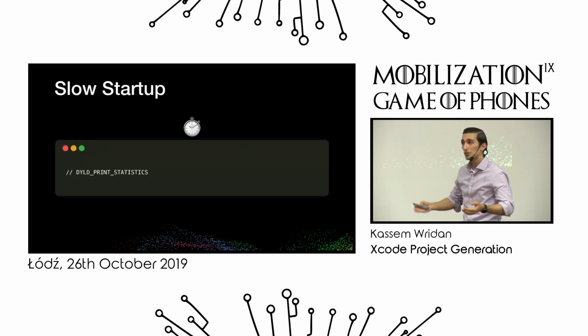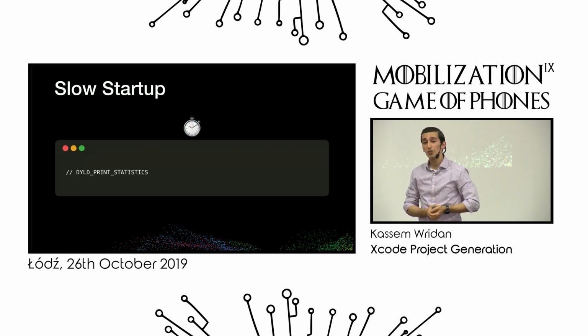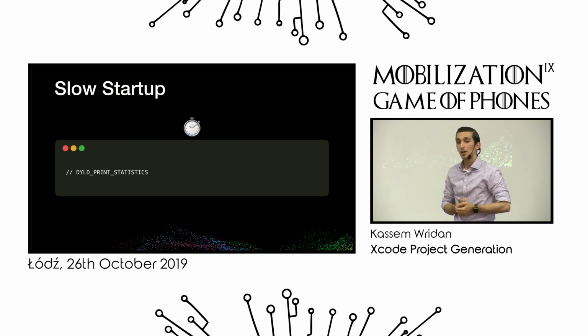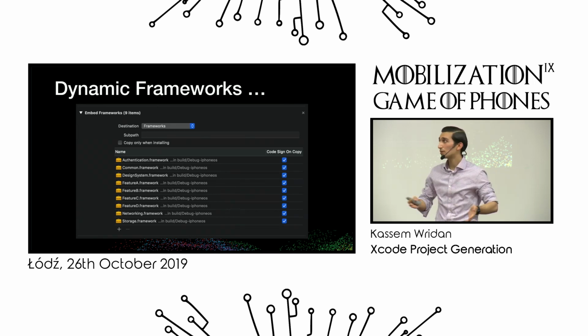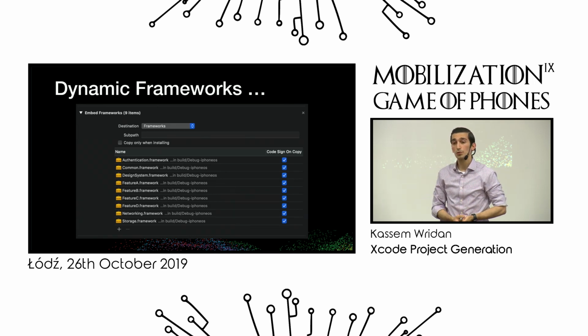And you do a bit of research, you use this environment variable, the dyld print statistics, and you do notice a big significant hit because of your dynamic frameworks. So you take a look, and yes, there's quite a few, and you realize, you know what, it's 2019. The only reason we had dynamic frameworks back when we started is because we needed Swift support, and now Swift is supported in static libraries.